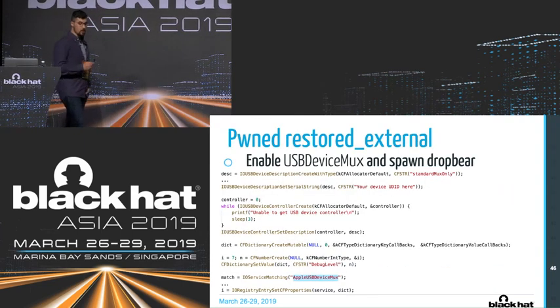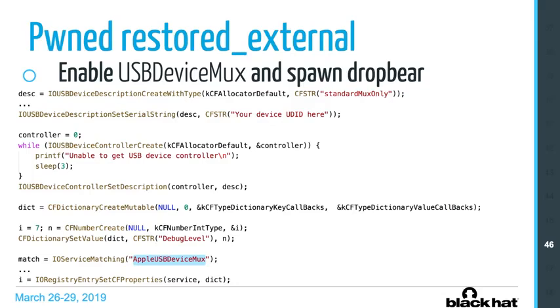So this is how our restored external daemon may look. Part of this code is already open sourced, and the basic idea is that we need to start the USB MOOC service by creating a USB device descriptor with the type USB MOOCs only, and then set the USB device description serial.